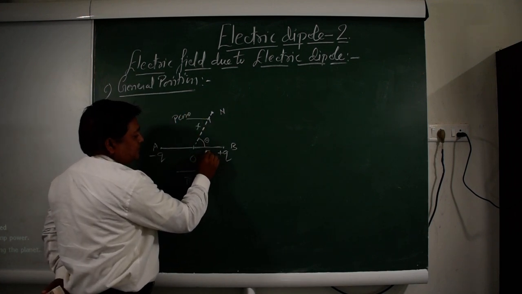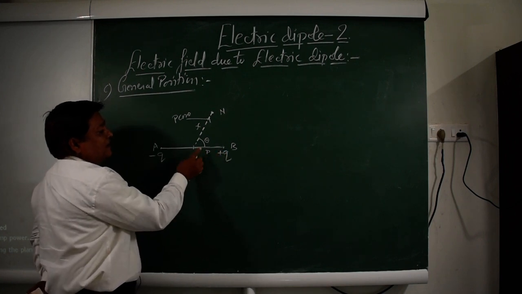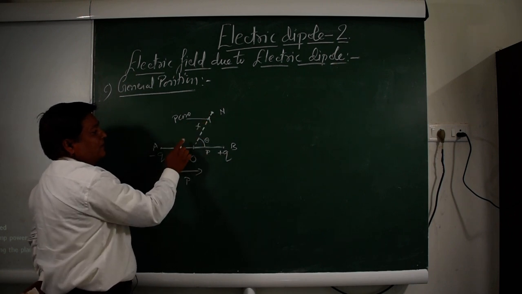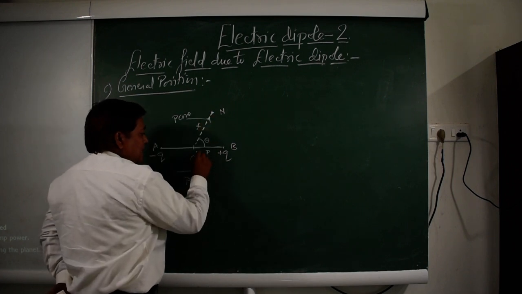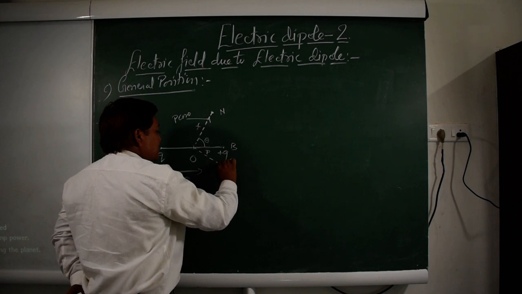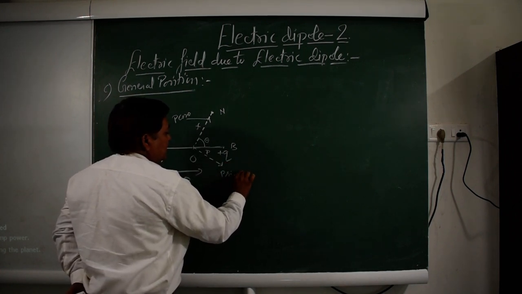If OB is P, making angle theta here, and we resolve P into two components, this component will be P cos theta, and the other component, perpendicular to it, will be P sin theta.